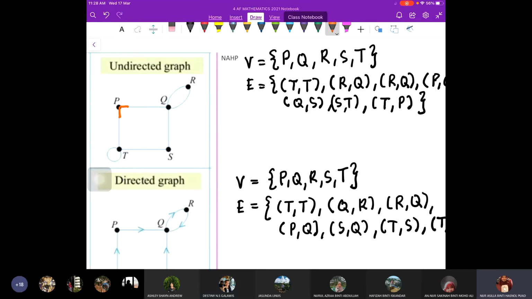Exactly, good. So 1, 2, 2. Okay, next. Degree for Q. Yes, Miss. Okay, Q ada berapa degree? Ada 4. Exactly, thank you. So 1, 2, 3, 4. So ada 4. Okay, degree for R.